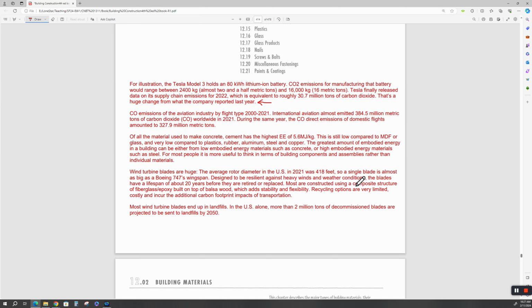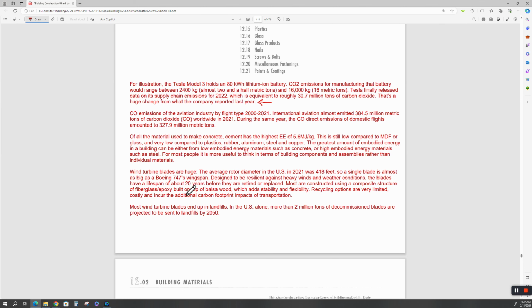The blades have a lifespan of about 20 years on the high end. They start ultrasonic testing those blades, if I remember correctly, somewhere around 10 to 12 years into their life, and they're looking for cracks before they're retired or replaced.